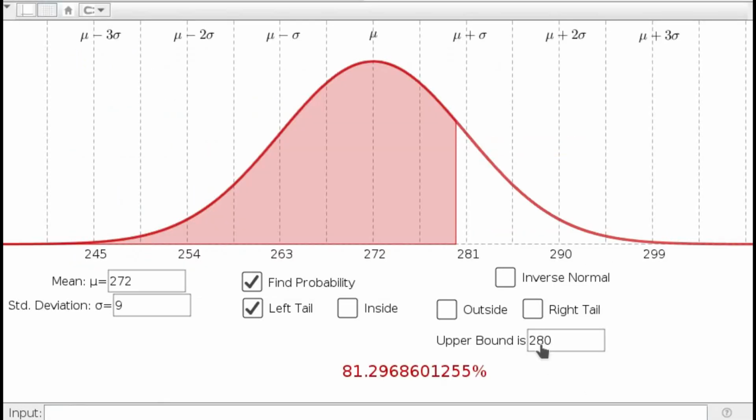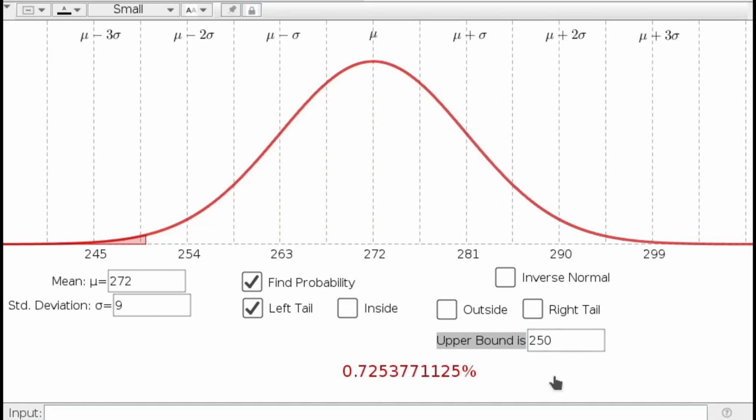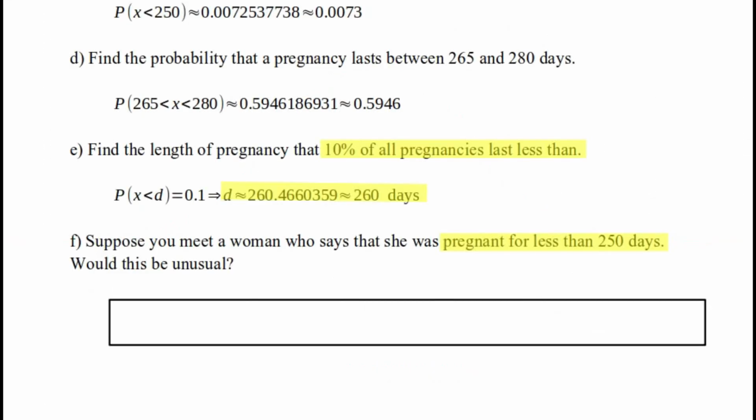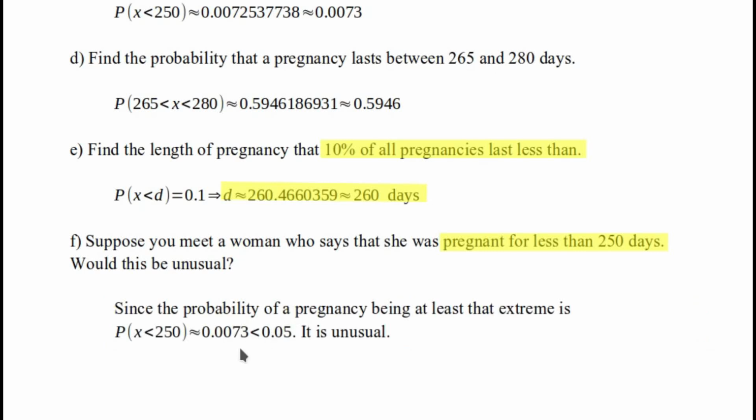Yep. So let's put 250 in and see what that probability is. Now, oh, we did this one. This is the one that's less than 1%. And remember, the test for being unusual is 5%. And certainly less than 1% is less than 5%. So we can conclude that it would be unusual.